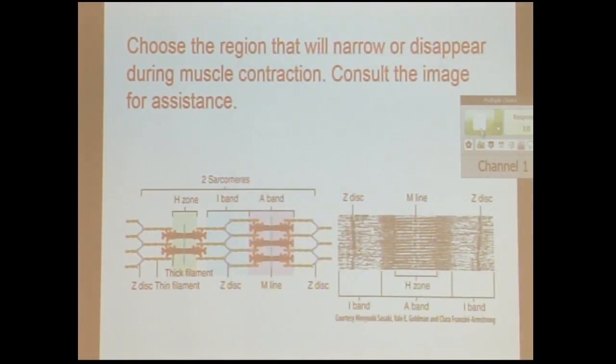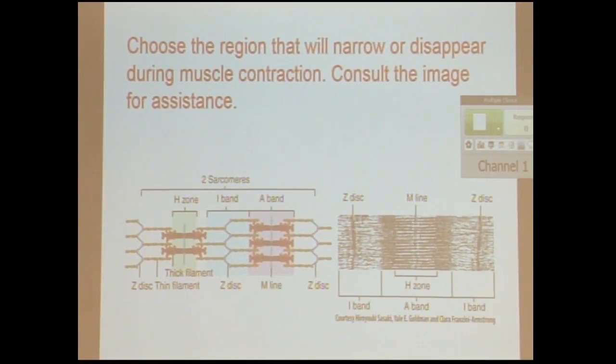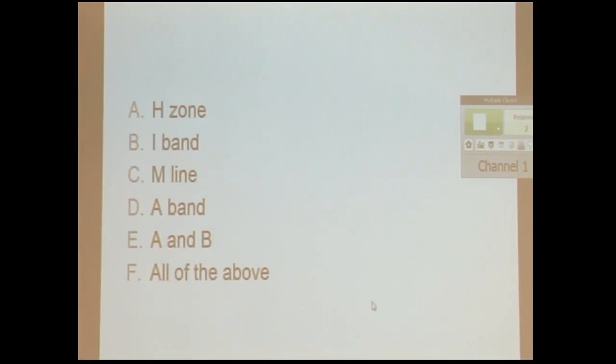All right, so why don't you talk to your group there and then we'll vote again. Wait, did I forget an answer? Oh, I need 2 more answers up there.